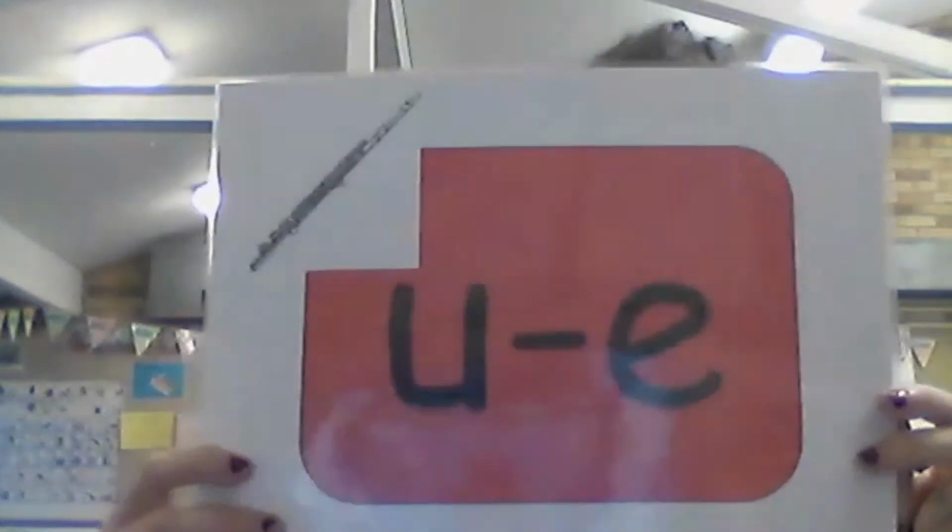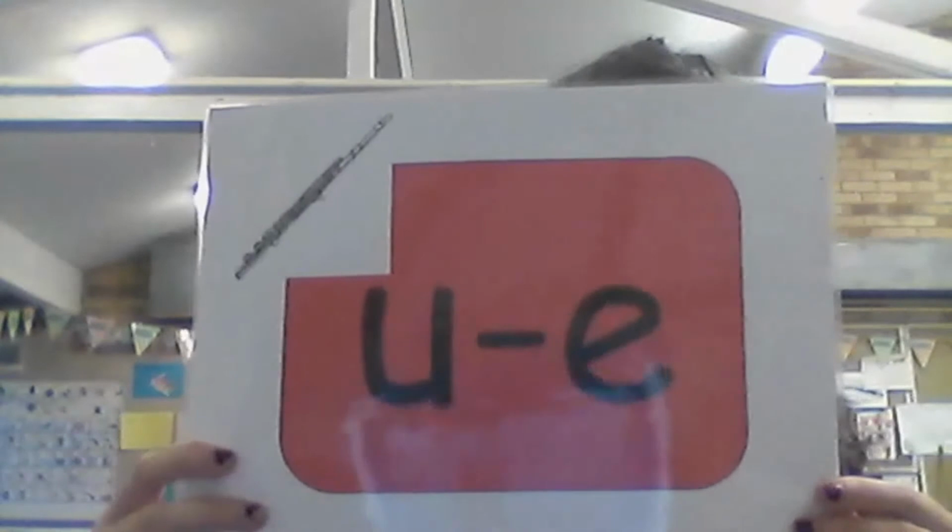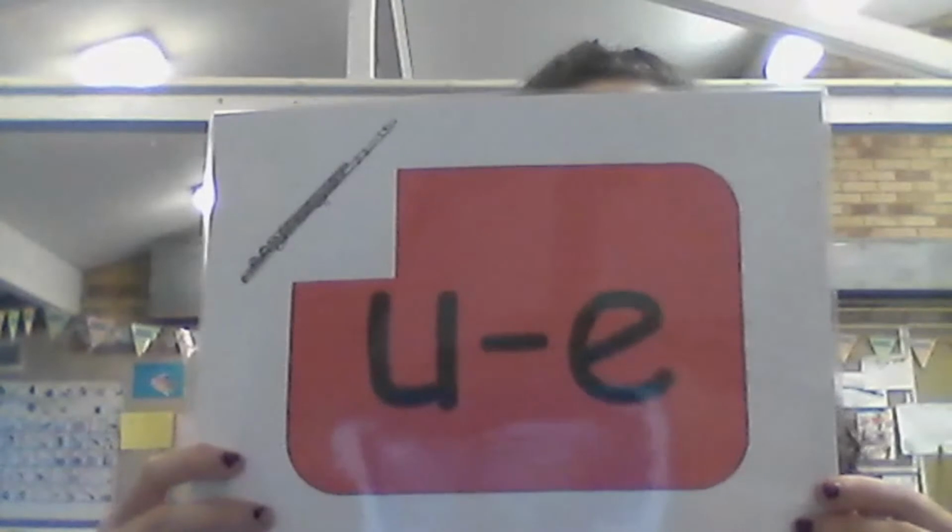Let's pinch those sounds on now. Wonderful. Sit like a lizard or sit beautifully where you are. Pause the video now and write the word rude on your piece of paper or whiteboard.